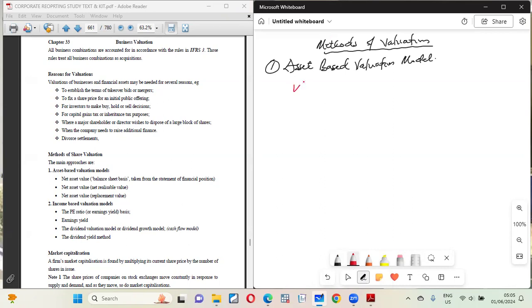We have the net asset, and I believe that when I say net asset by this time, you know what net asset is. Because net asset, E is equal to A minus what? L. All right, so that is where your mind should get to, because the word net asset is introduced. So we will need the net asset value. If you are going to use the net asset value, in terms of the asset, you are going to pick only the book value. So this is net asset at book value.